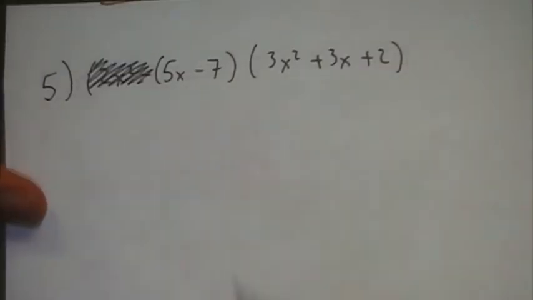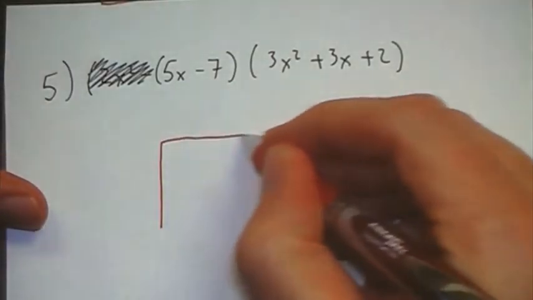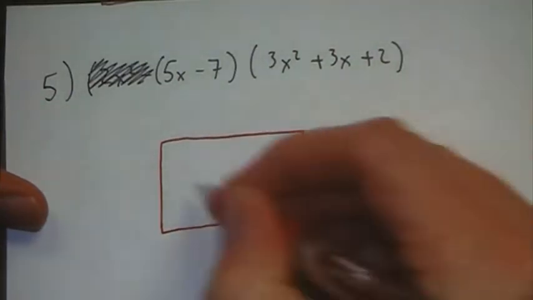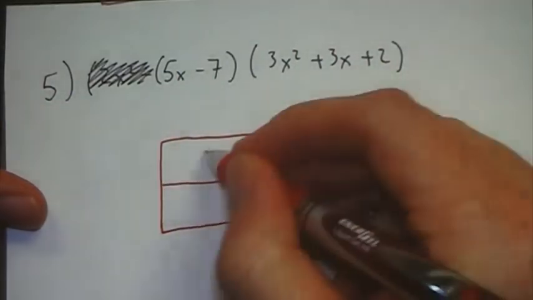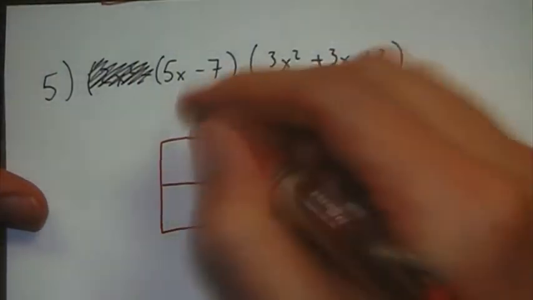So if I do my box, you're going to notice you're going to have to make the box a little longer here. Why is that? Because you've got yourself 3 terms here.